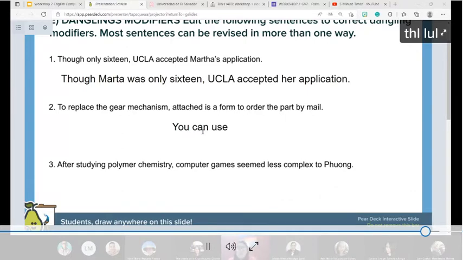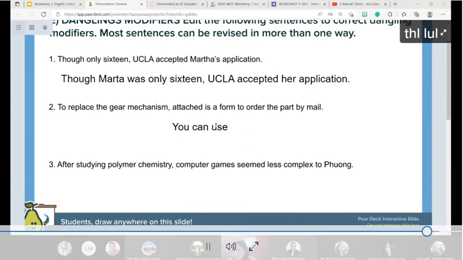What about number 3? After studying polymer chemistry, computer games seemed less complex to Phone. I think that's how the name is pronounced. So after studying polymer chemistry, computer games seemed less complex to Phone.